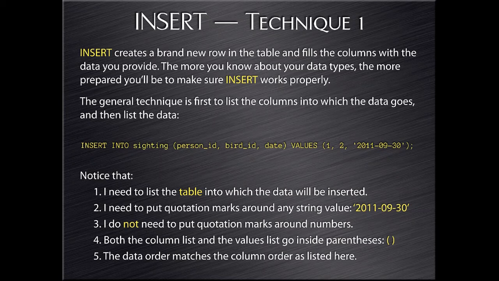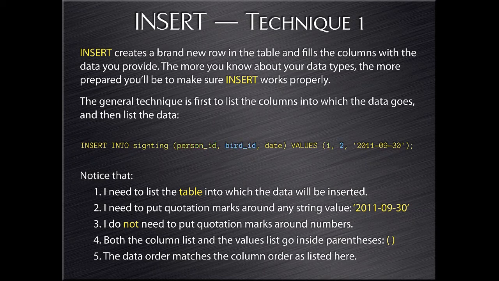And the thing about insert is that the listing order of the columns matches the listing order of the data. So in other words, if I turn this blue here, I don't know, it's kind of hard to see maybe. Person ID is the first column listed in that group, and so it will get the first value in the data value group.